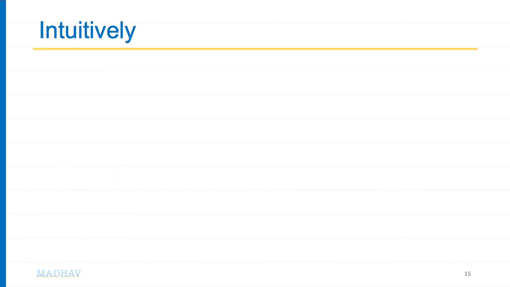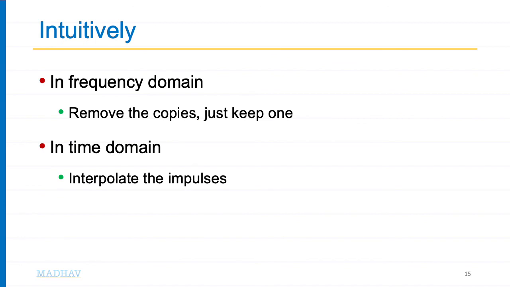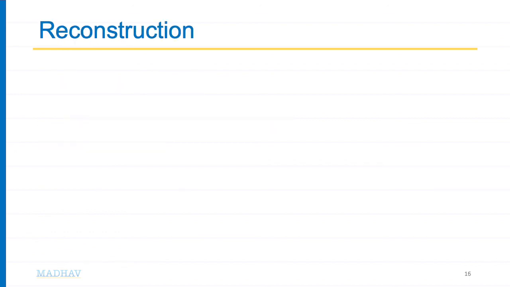So what is reconstruction? Let's see an intuitive understanding of it. In the frequency domain, what you have to do is remove the copies and just keep the central copy, right? And in the time domain, it means you interpolate the pulses intelligently.